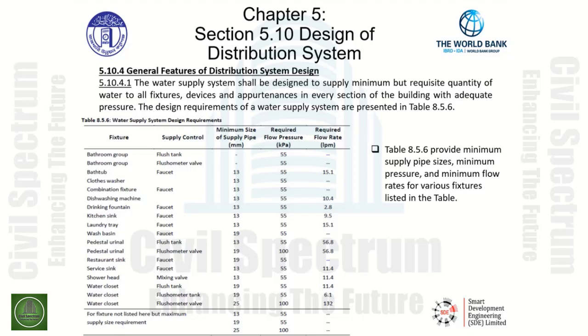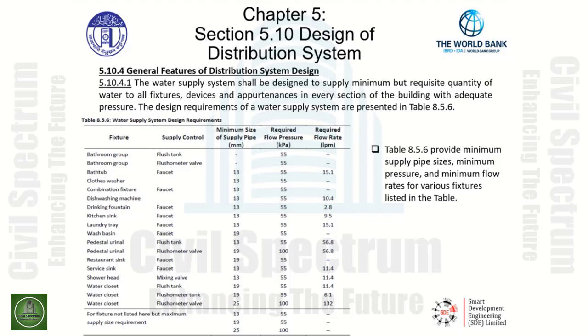The next column is our supply control. As we look at a particular fixture, like a kitchen sink, the type of supply control for a kitchen sink would be a faucet. If we have a water closet, further down the list, there are 3 distinct types of supply controls.